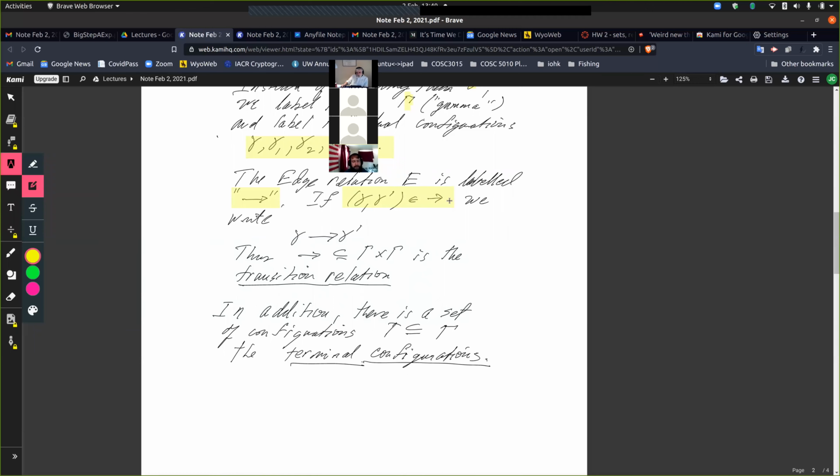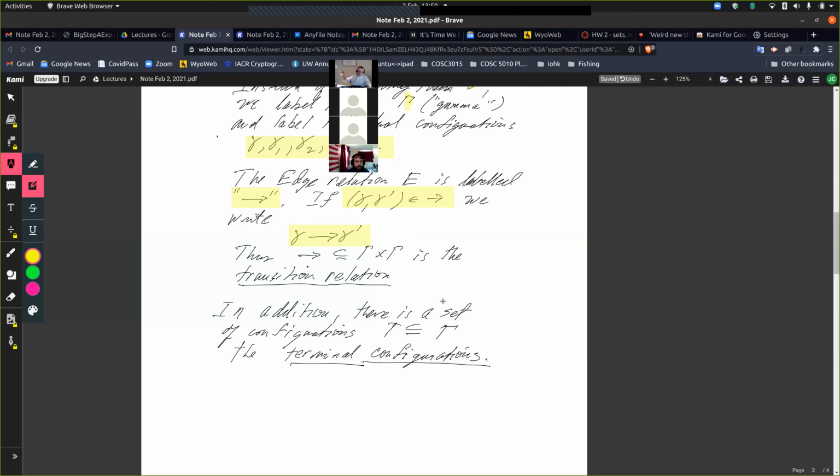So usually instead of writing it like this, we would write it like this. It reads better: gamma, arrow, gamma prime. The arrow is called the transition relation. So this says gamma transitions to gamma prime.